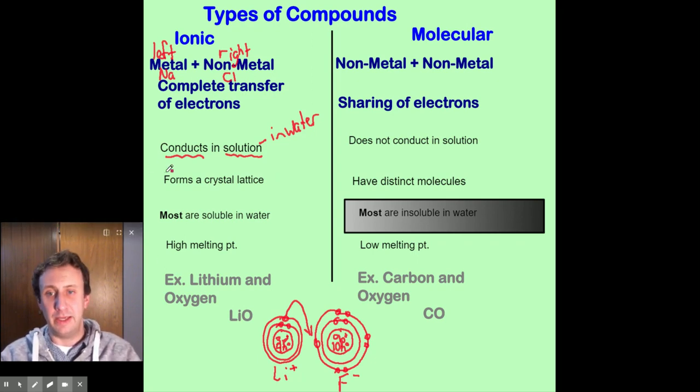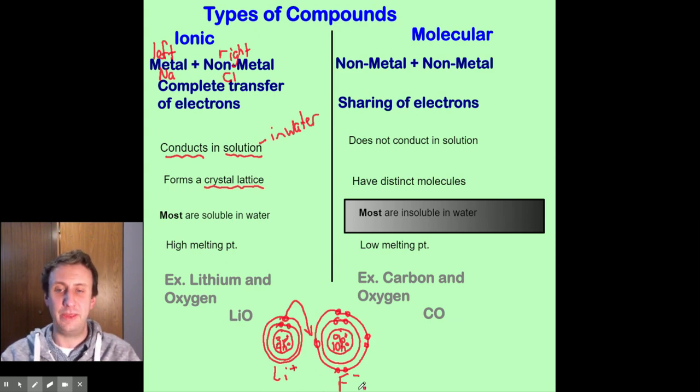Another thing that's kind of neat is that ionic compounds make this repeating 3D pattern that we call a crystal lattice. Because I have these positive ions, with the example I gave, lithium is the positive ion, and these negative ions that are attracting, they repeat over and over in 3 dimensions. I like to imagine a checkerboard where one color, like red, is positive and the black is negative.